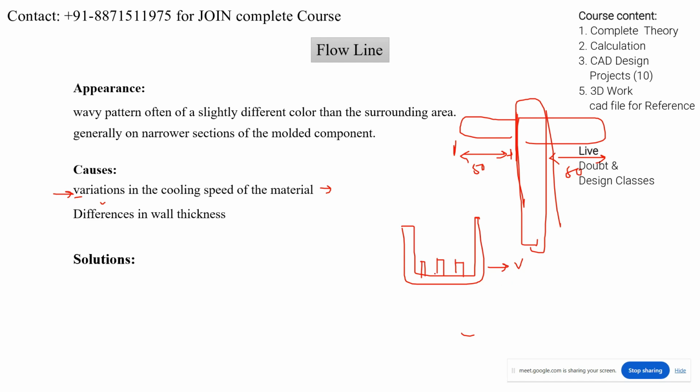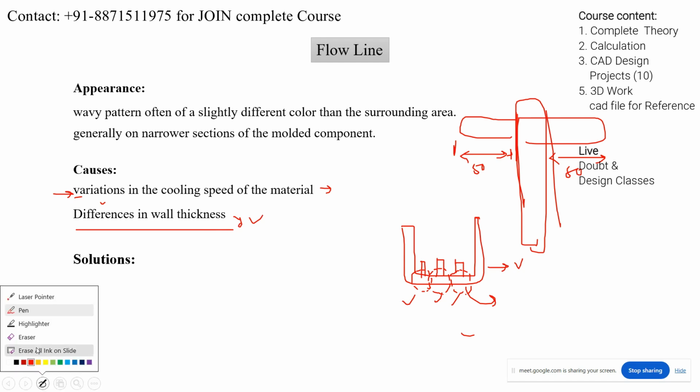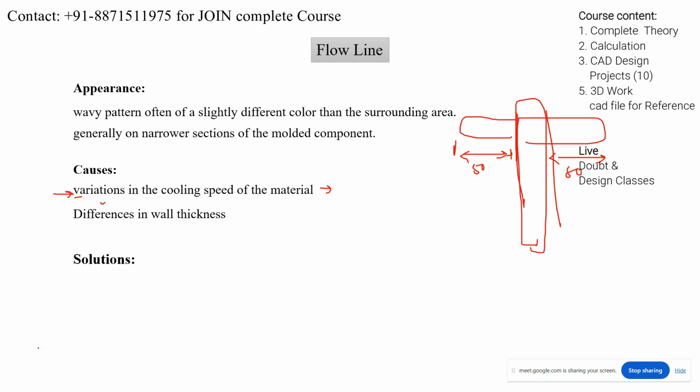So there is a possibility of non-uniform wall thickness, like in this area. Sometimes we cannot control the wall thickness in the component, so a difference in wall thickness may occur. This is the requirement of the customer or the component. So that's why the wavy pattern will occur there.